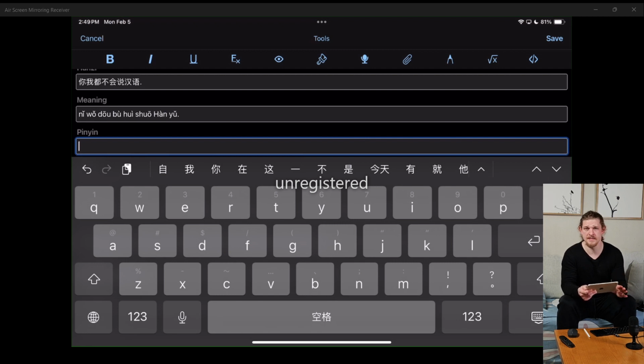This is someone else's deck that they've created, and I've been slowly going through the entire thing and modifying it. As I go, I check new sentences and new words, and based on my own understanding of Chinese, I will modify these cards by hand to try and improve the overall quality of the deck.